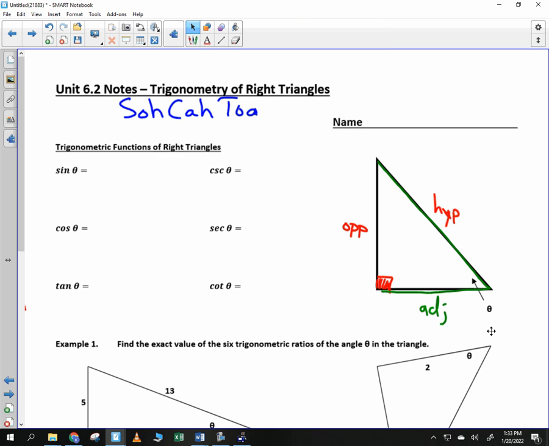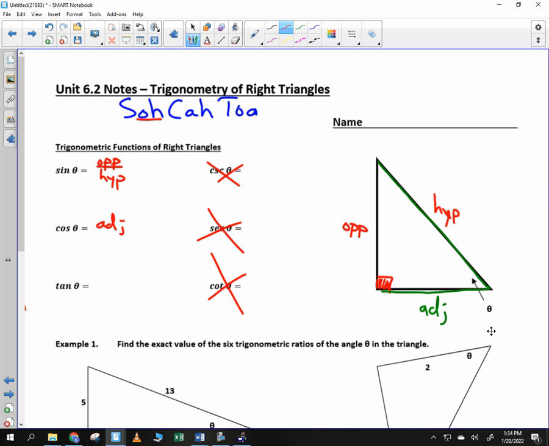And then we say that sine is SOH, S-O-H. So sine is the opposite divided by the hypotenuse. Opposite over hypotenuse is sine. Yes, but we just skip the other letters.